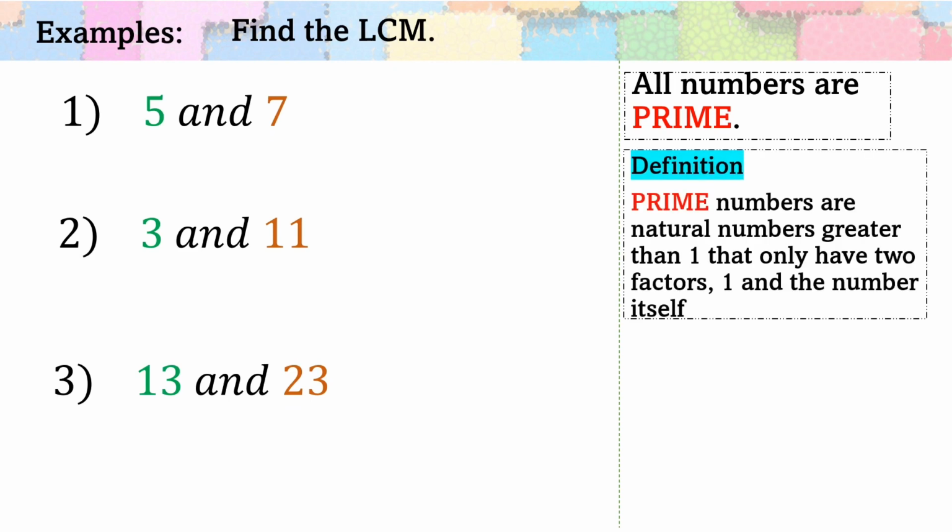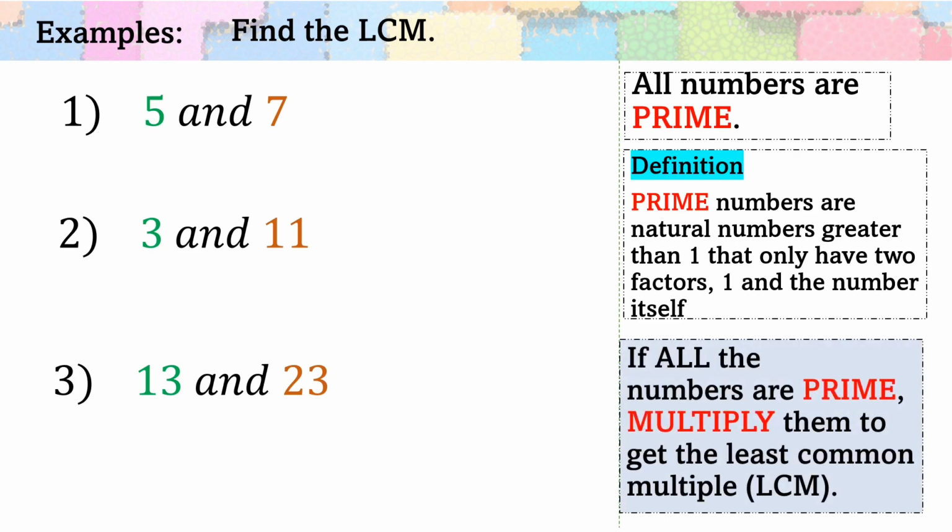Prime numbers are natural numbers greater than 1 that only have two factors, 1 and the number itself. If all the numbers are prime, all you need to do is multiply them to get the least common multiple.